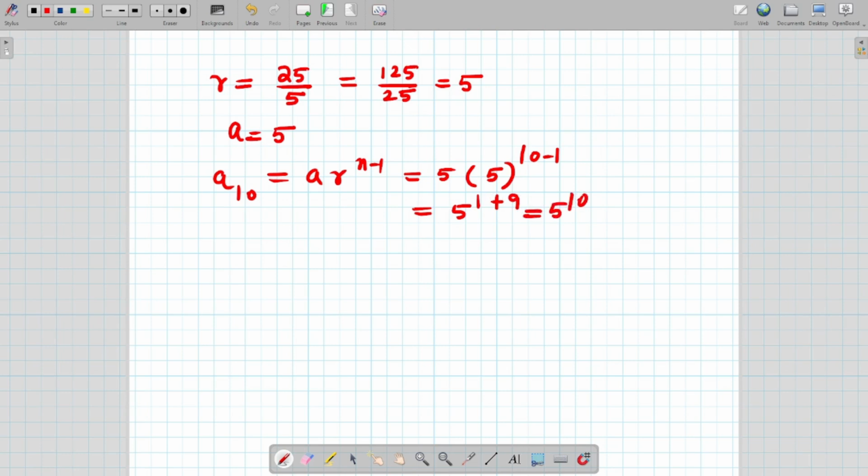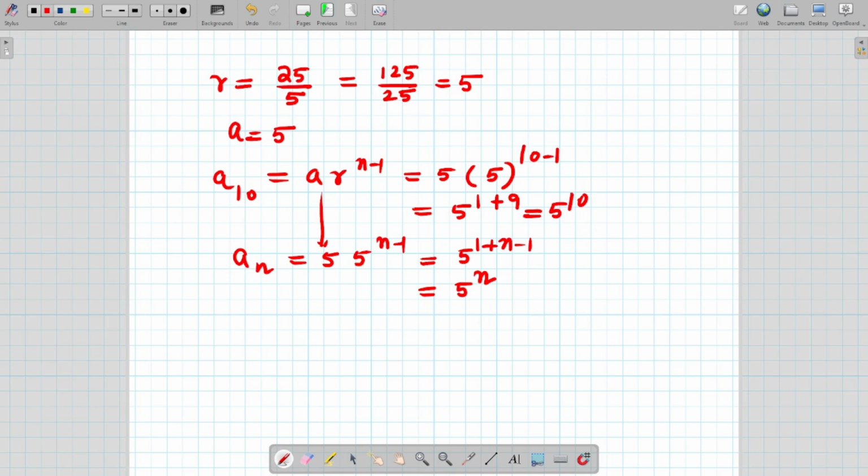So that's your a10. Okay, and then an will be a की वैल्यू 5, r की वैल्यू 5, n minus 1, which will be 5, 1 plus n minus 1, which is 5 की power n.